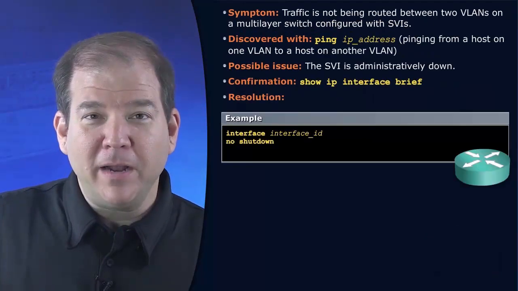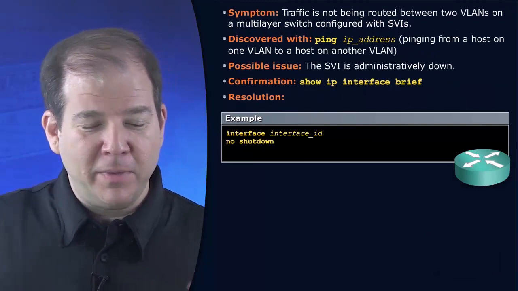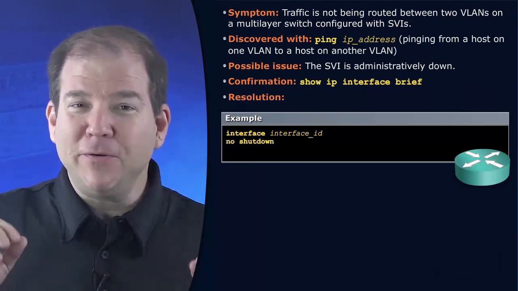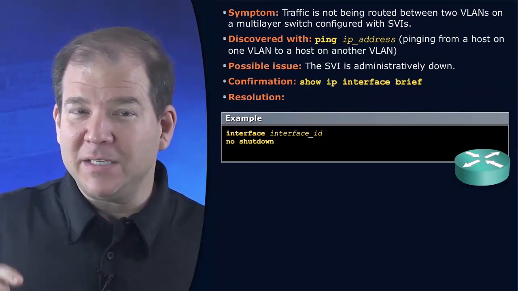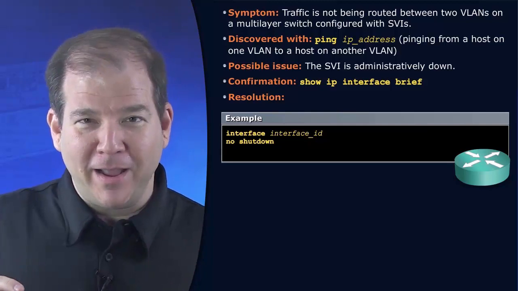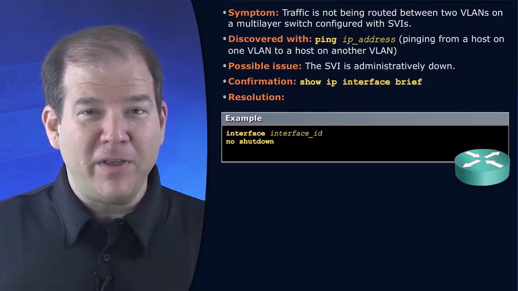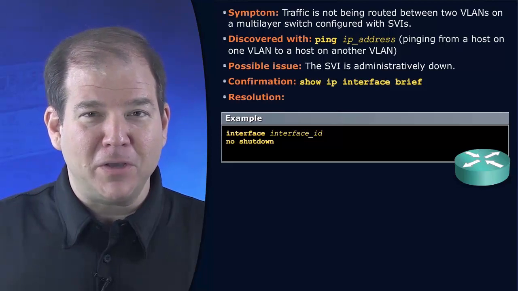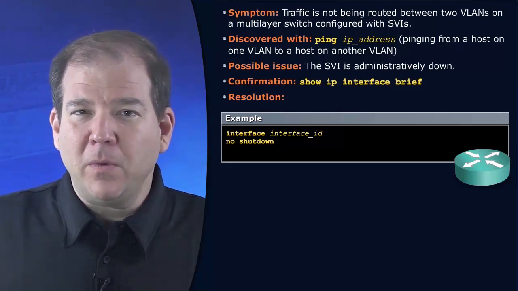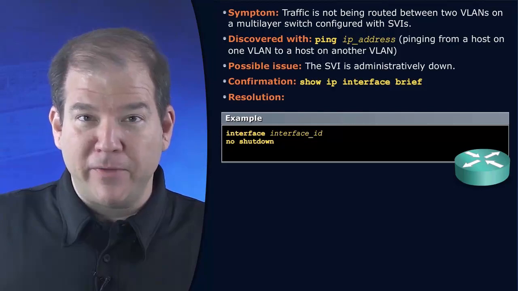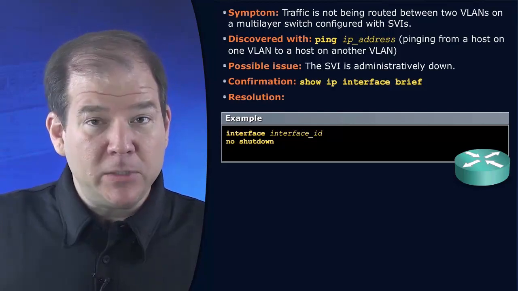Another issue that we could have could be something as simple as the SVI interface being administratively shut down. This is not as likely to happen with an SVI as it is with a physical interface on a router, because a physical interface on a router defaults to the administratively shut down state. That's not the case with an SVI.